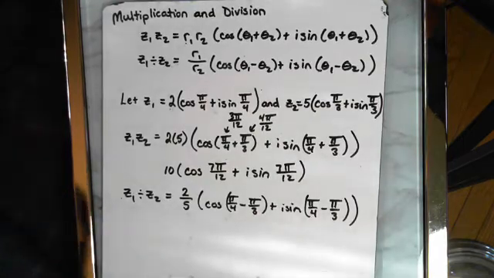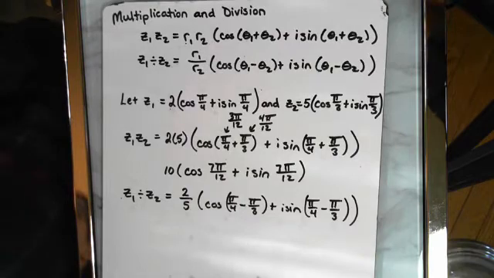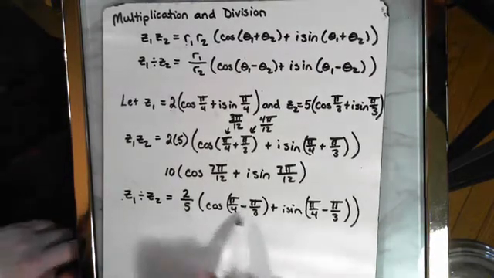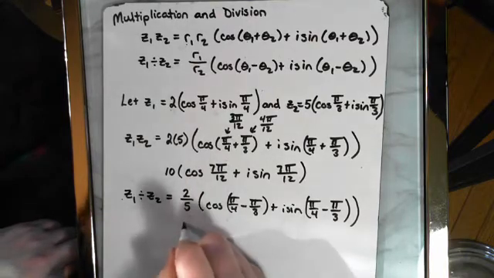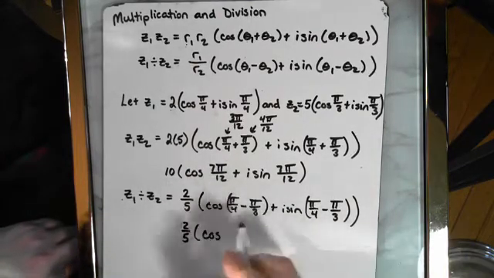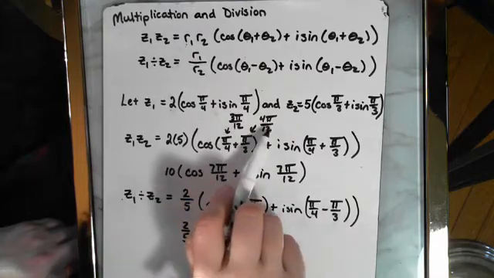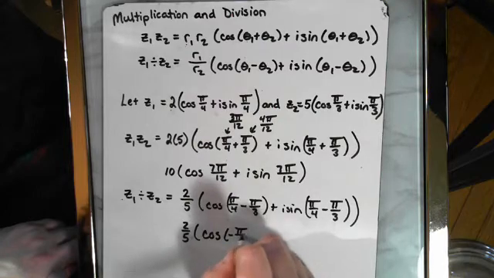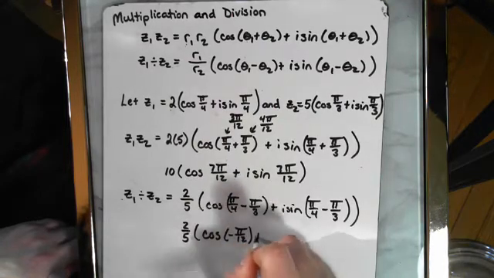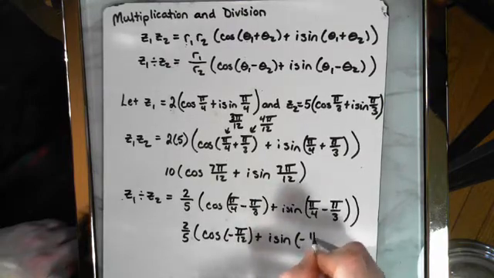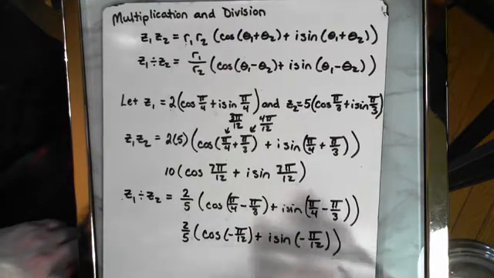Okay, and now the 2/5 can't really be simplified, but what I can do is simplify this subtraction. So I have 2/5 times the cosine, and 3 pi over 12 minus 4 pi over 12 is negative pi over 12, plus i sine of negative pi over 12.